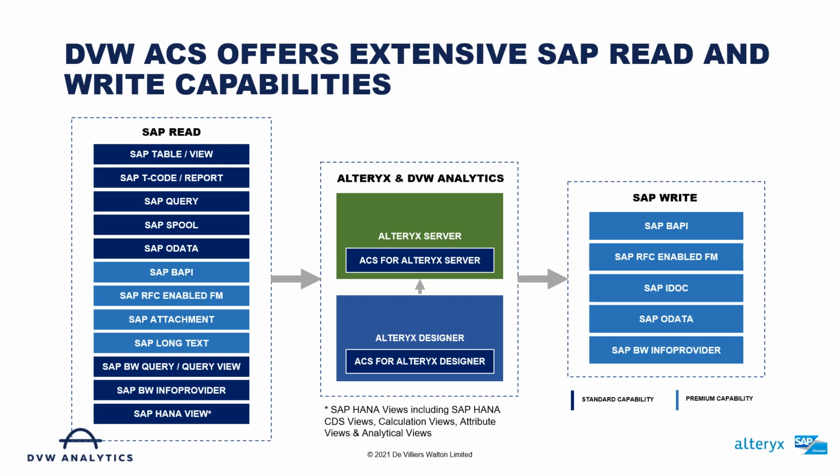And IDOC tends to be used when you want a more robust, governable solution. But both are very well formed and well used solutions, as are RFC-enabled function modules. Again, we can write back with OData where that's available, and into BW info providers if it's on the BW side we're interested in. So lots of possibilities and lots of capability.